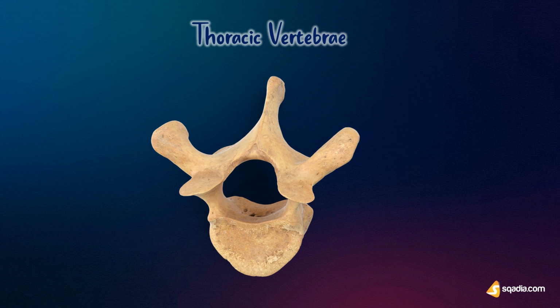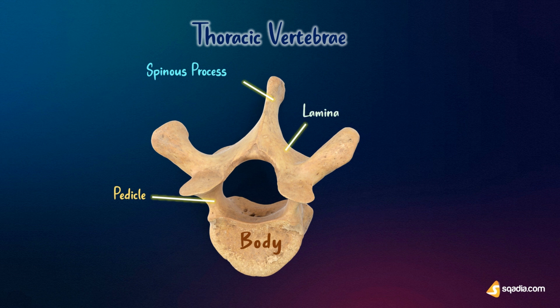Here is how a typical thoracic vertebra looks. Like the other vertebrae, thoracic vertebrae also have a body, a spinous process, pedicle, lamina, transverse process, and superior articular facet.